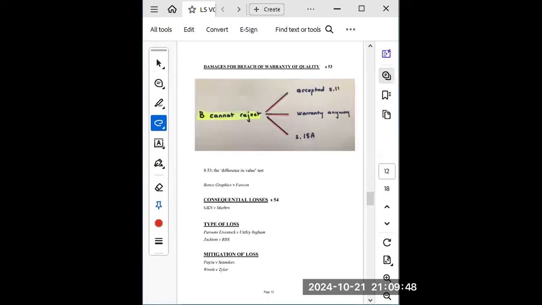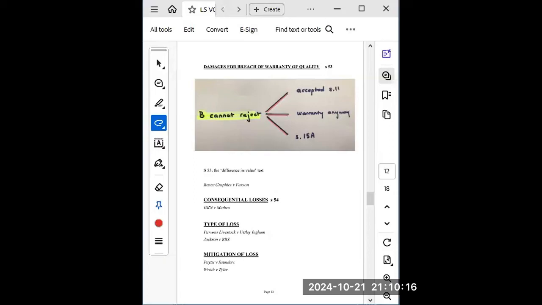Now, Section 53 sets out the presumption of the difference in value rule. Section 53 says damages is the difference between the value of the goods to the buyer and the warranted value. In other words, the value which the goods would have had if they had fulfilled the warranty.